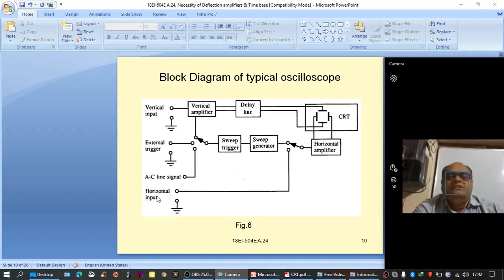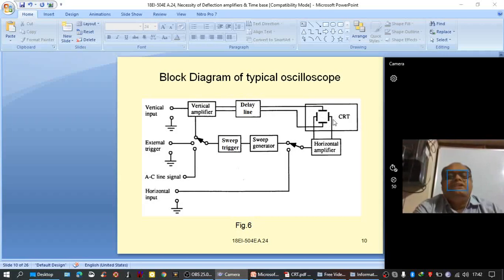Now, when both the signals are applied simultaneously, we will get a pattern type waveform, not exactly a waveform, a wave pattern that appears on the CRT screen, which is called the Lissajous pattern.